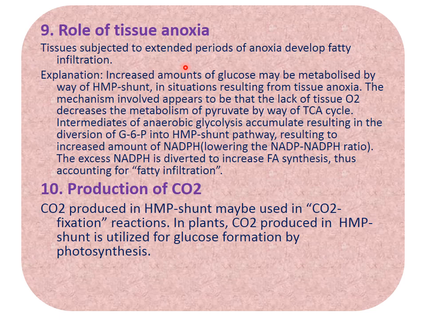Tissues subjected to an extended period of anoxia develop fatty infiltration. An increased amount of glucose may be metabolized by the HMP shunt in situations resulting from tissue anoxia. The mechanism involved appears to be due to lack of oxygen. So the TCA cycle and glycolysis do not occur, so an increase in pyruvate occurs.